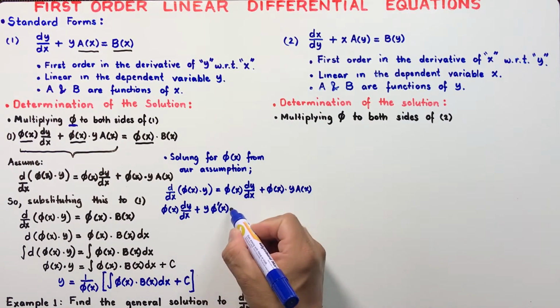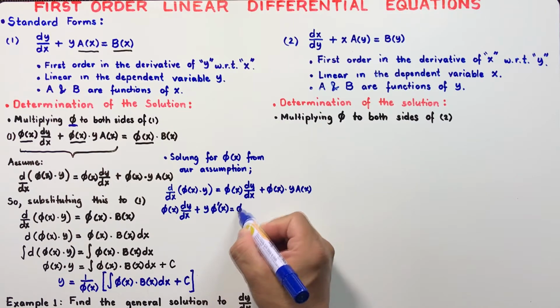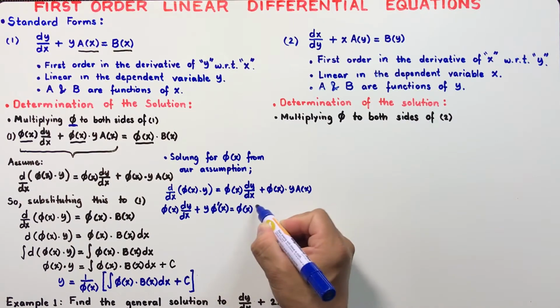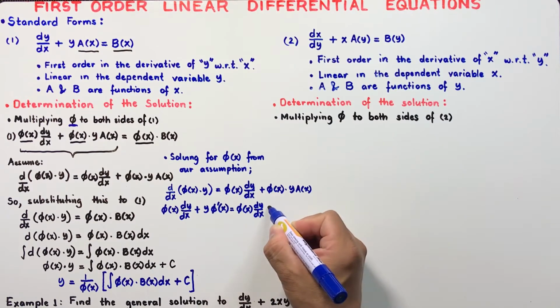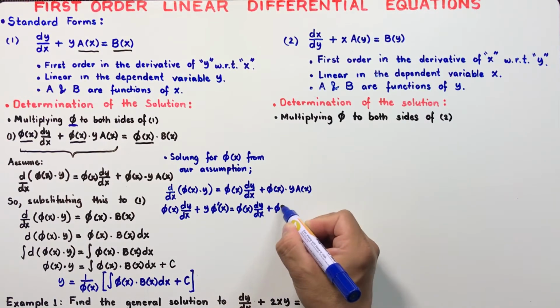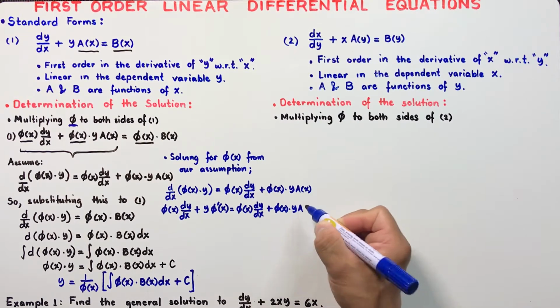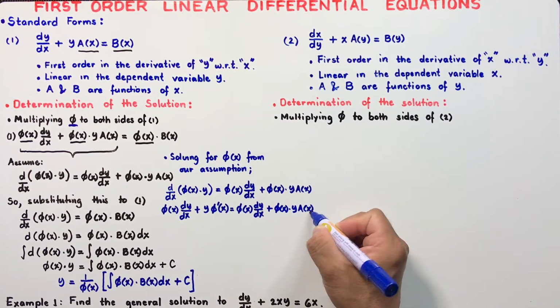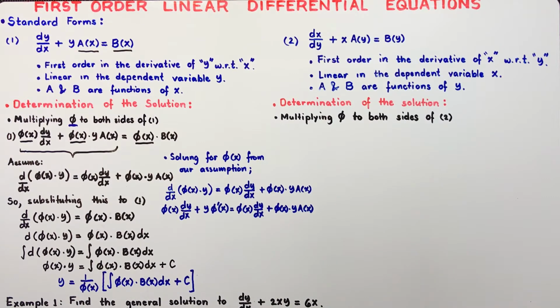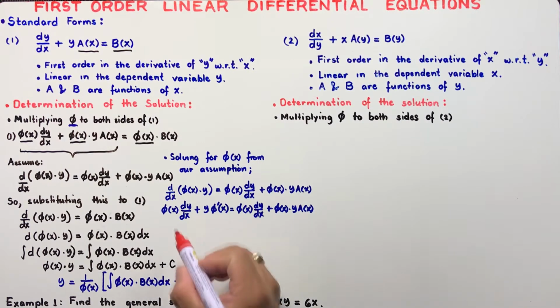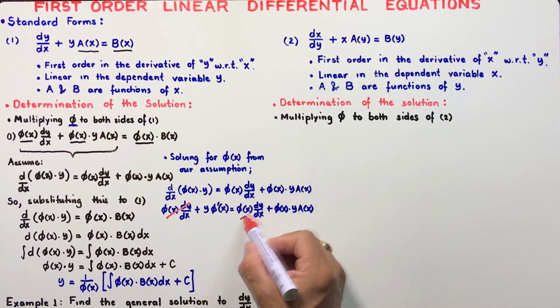And this is equal to phi of x times the derivative of y with respect to x plus phi of x times y times a of x here. And we notice that we have similar terms from both sides of the equation, this one and this one here.